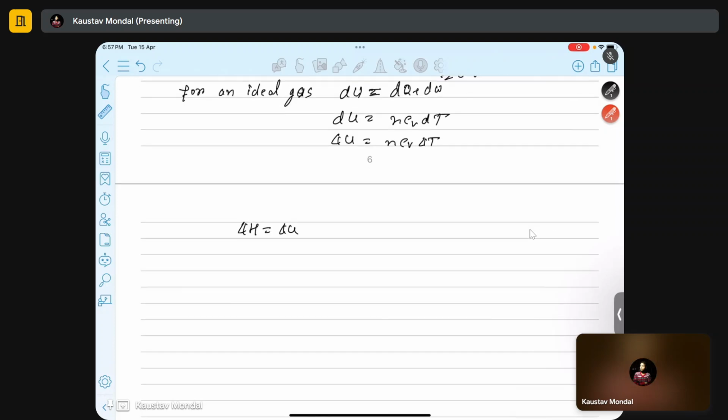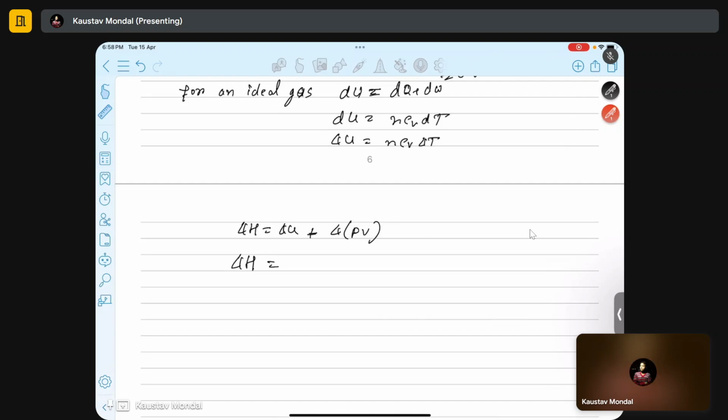Delta H equals delta U plus delta PV. Now from here you can simply use the ideal gas equation.